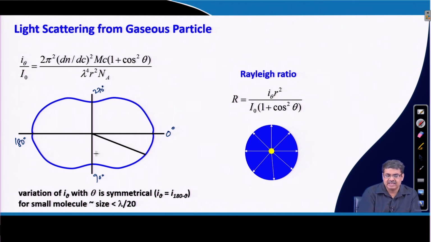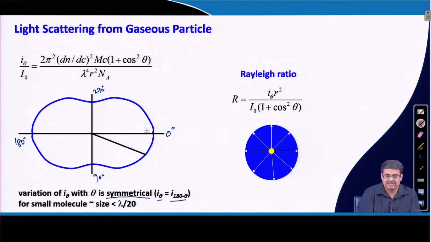In this case, this is the scattering envelope, or the variation of the intensity shown in 2D. You have to imagine it in 3 dimensions, where the scattering intensity is plotted against the scattering angle, and the variation of this intensity from a sample is symmetrical in this particular case. When we say symmetrical, we mean that I theta is the same as I 180 minus theta.